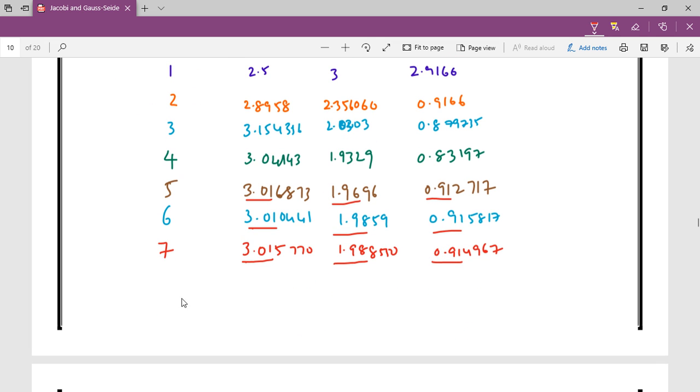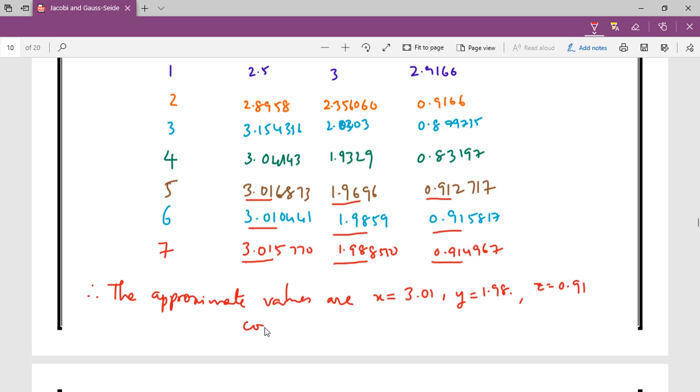So the iteration table always helps us to see the convergence. Therefore, the approximate values are x is equal to 3.01, y is equal to 1.98 and z is equal to 0.91, correct to 2 decimal places.